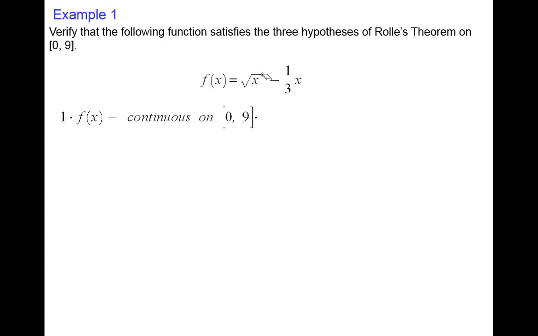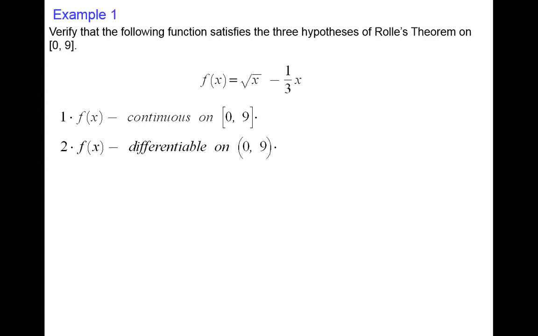Actually, the domain is all of the positive numbers, but we are only taking the part from 0 to 9. Now, root x and the linear function are nice and smooth functions. Definitely the derivative exists. We can even find the derivative and prove that the derivative exists for all of the numbers from 0 to 9, not including 0, not including 9.